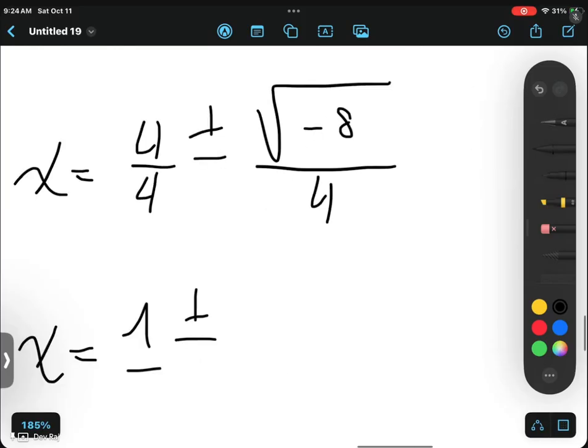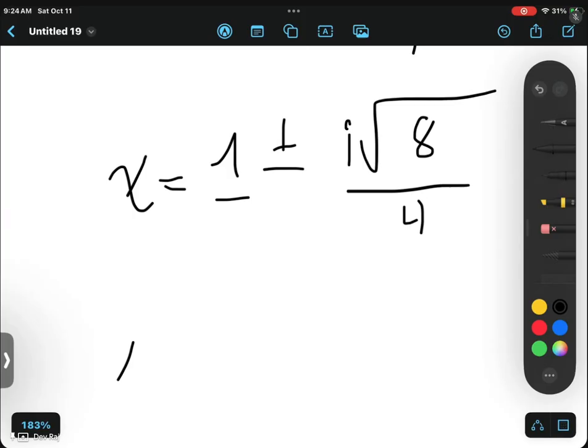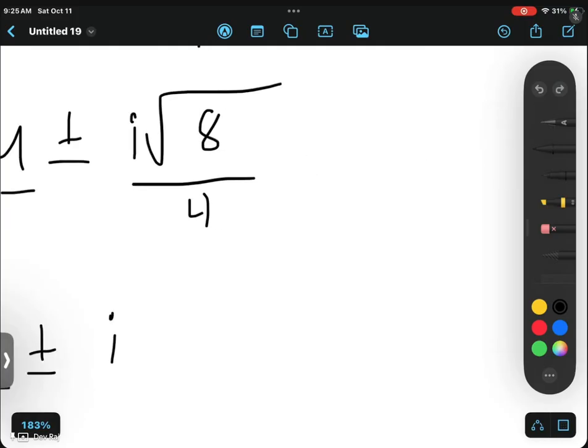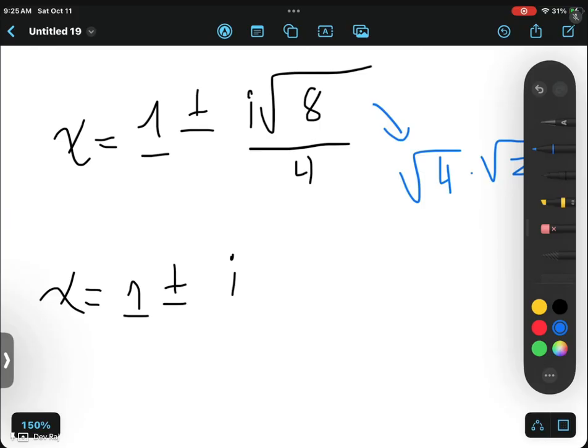We have to take out an i, right? And then this is still over 4, but we can condense that because 8 is just 4 times 2. So then this becomes plus minus i, and this is just 4 times 2, so we can take out a 2, right?